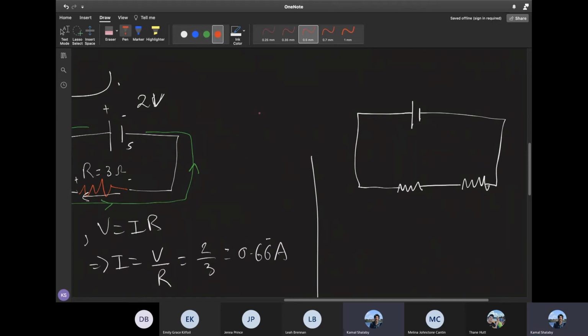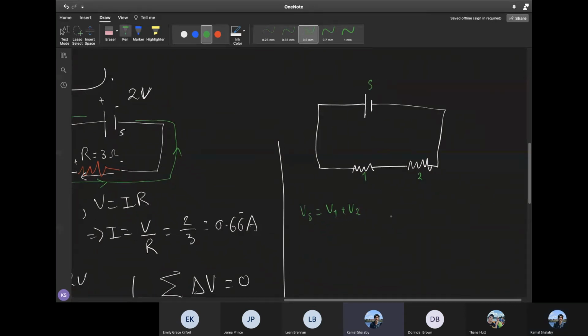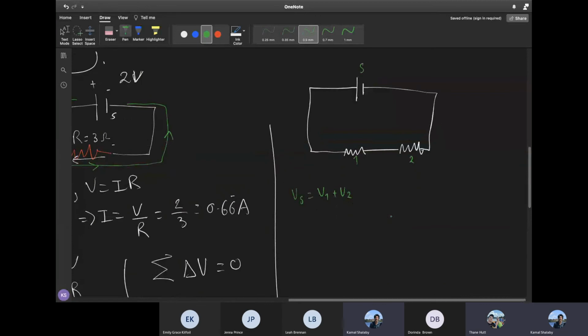Okay, so this is 1, this is 2. We know if this is S, then the V of S is going to equal V of 1 plus V of 2, right? Yeah. Okay.